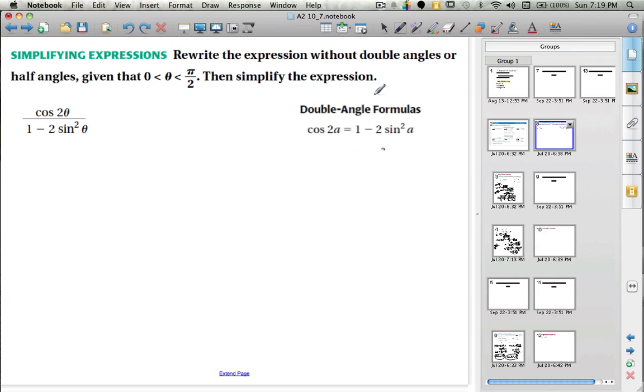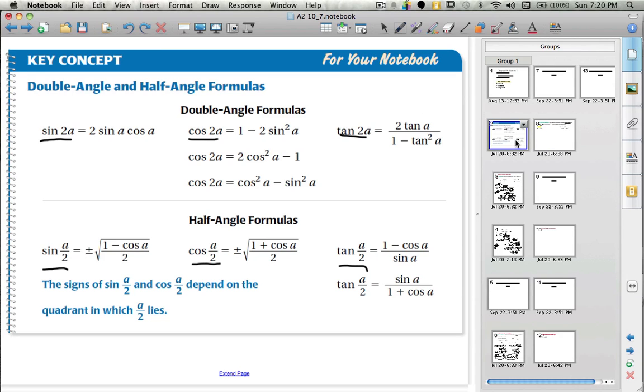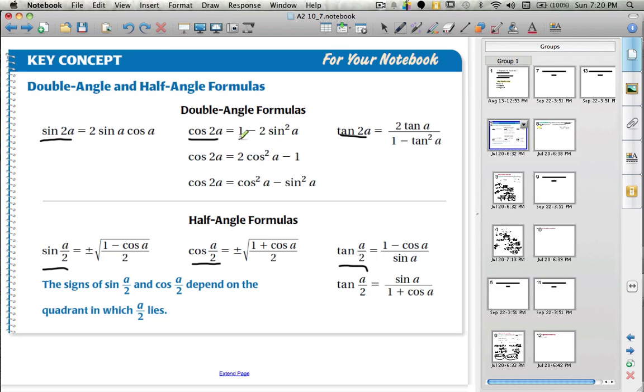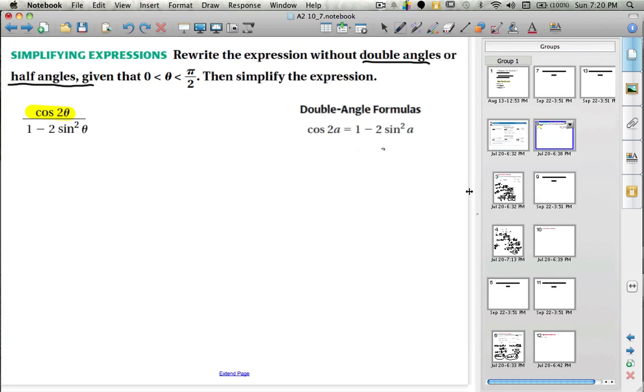Okay, now we want to rewrite expressions without double angles. So mostly what this takes is comparing what I have, right? And the goal is without double angles or half angles. So where do I have a double angle? I have a double angle here. And what I did is I went back to this setup here and I found double angle. Which one of these double angles is going to work to simplify with that? So I went, oh, well, look, this is the same thing. So I went ahead and I copied that and I brought it over just to make it easy.